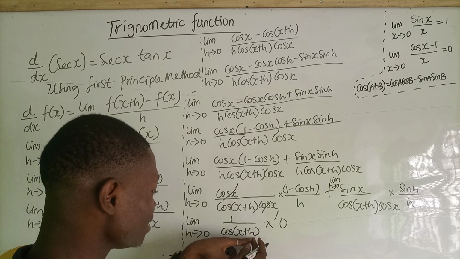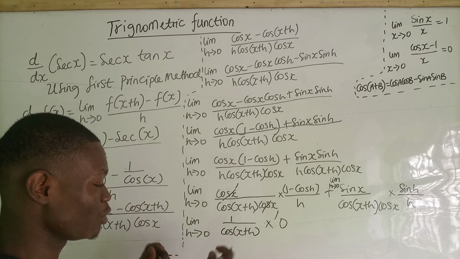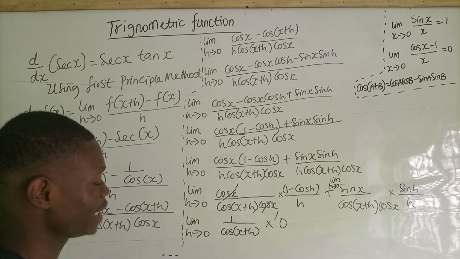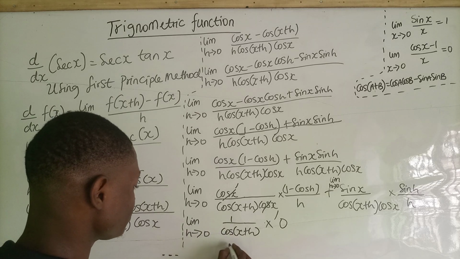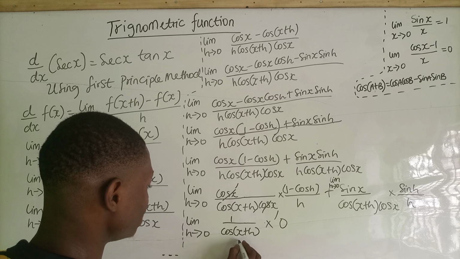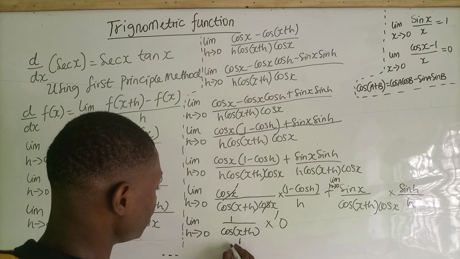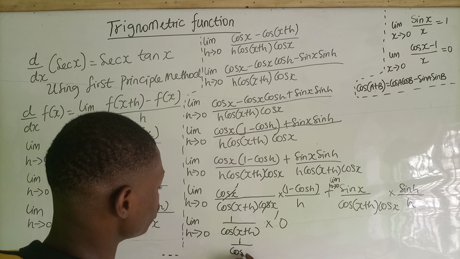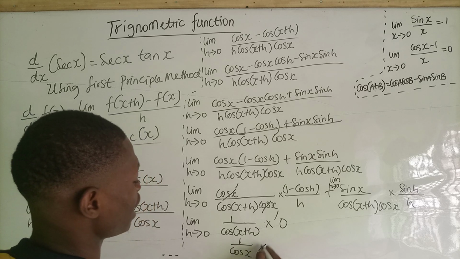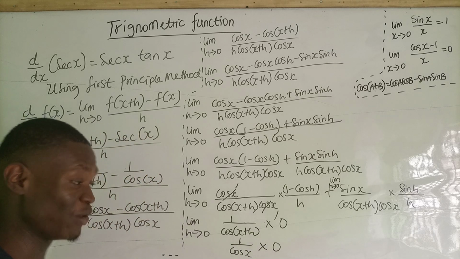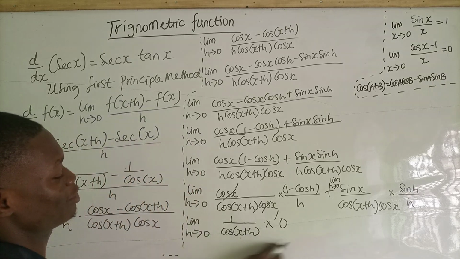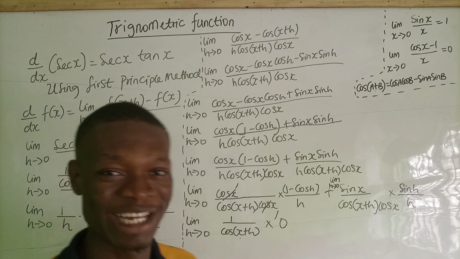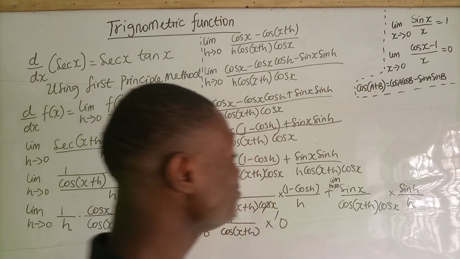If you put 0 here, x plus 0 is what? Is x. So x times cos x is what? Cos x. So we have 1 over cos x times 0. So if you like, you can just leave it like that, because 0 has terminated everything here. Do you get? So this limit is sweet.